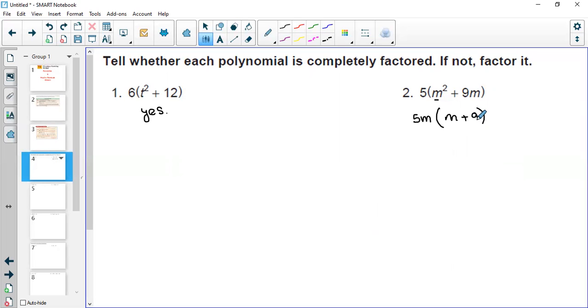So we could factorize by using a common factor, because m is a common factor for both the terms, which means we could remove that as a common term with 5. 5 they have already removed, but we still need to factorize it. So this is not a completely factored one, because we could look for a common factor.